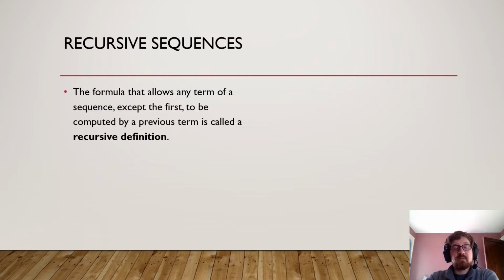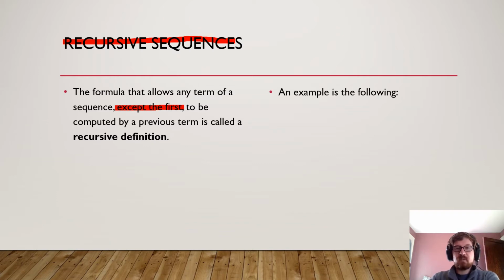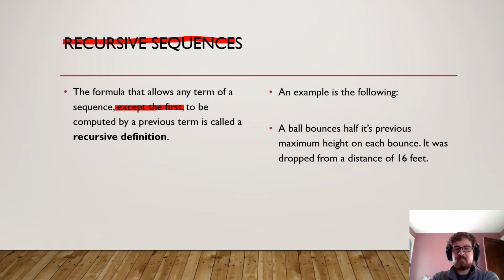Now, a bunch of different types of stuff. We're going to focus right now on something called a recursive sequence. So the formula that allows any term of a sequence except the first to be computed by a previous term is called a recursive definition. So an example is the following. If a ball bounces half of its previous height on each bounce, and it was dropped from a starting distance of 16.